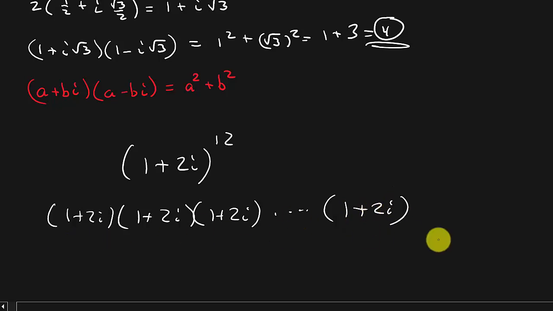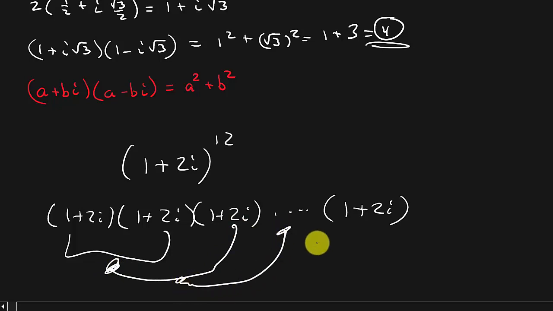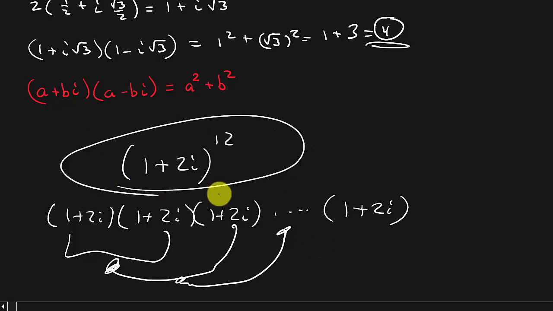You got 12 of these. You got to multiply this times this, and then whatever you get for that, multiply it times the next one. You can see that's going to take forever. Well, if we take this and convert it into trigonometric form, we can work it real easy. All right, so trigonometric form has its advantages.